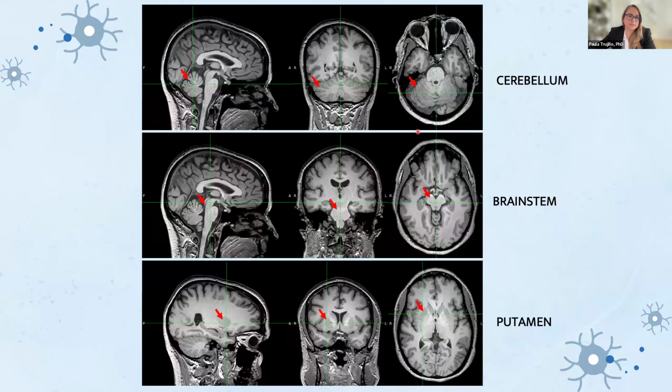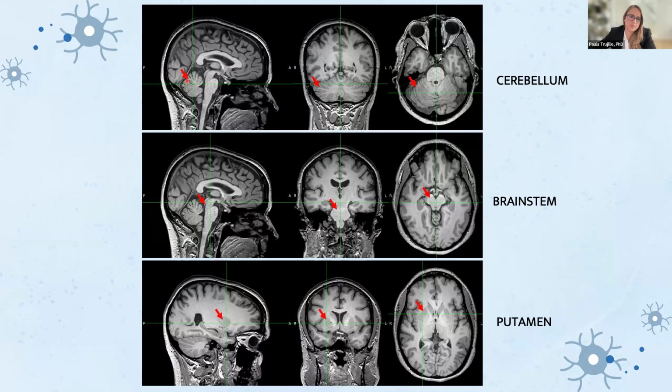So here we can see an example of an MRI. This is the same image from just one subject, but you can see the different planes. On the left, you can see the sagittal plane. In the middle, you can see the coronal plane, and then on the right, you can see the axial plane. And then the red arrow is pointing at different structures.